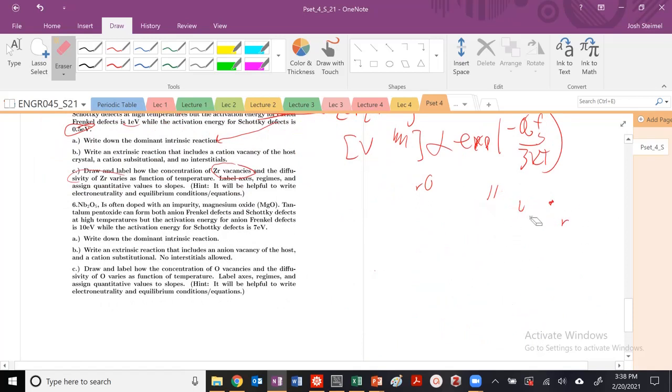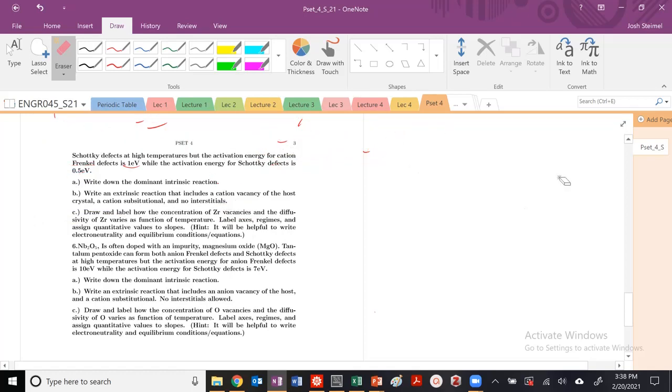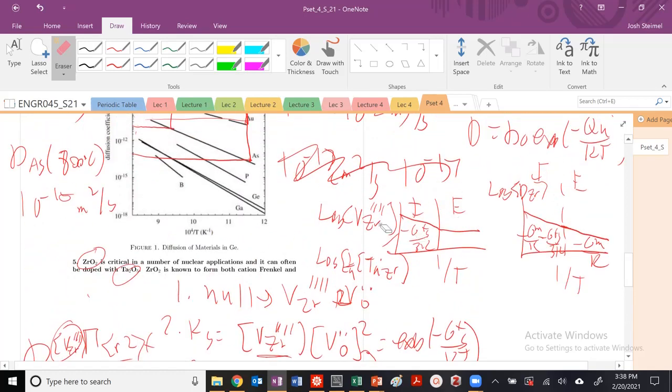Let's go ahead and get these up here. Let's erase these guys. And then I'm going to also erase here. I want to try to keep this little plot.